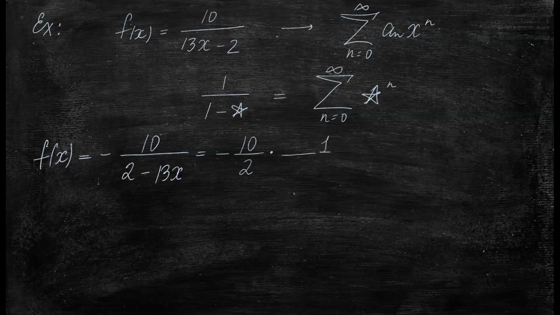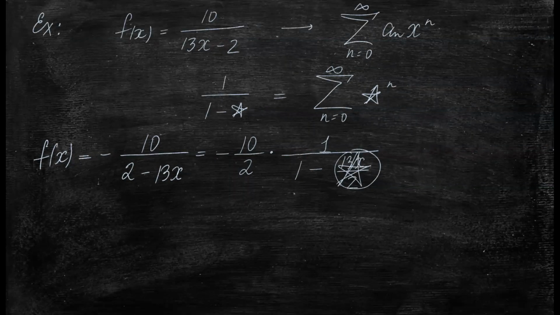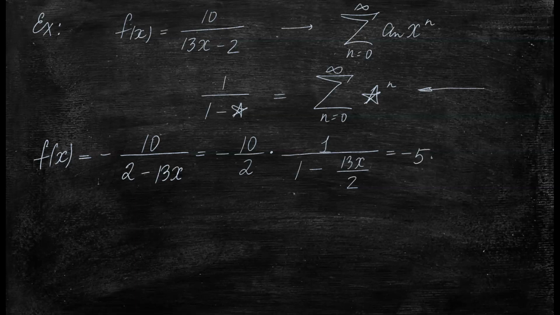And hopefully you'll see the pattern very soon. So when we take the 2 from the denominator, we have 13x over 2. And now this 13x over 2 is going to act as this star. And what does that mean? That means we can use this pattern to rewrite, and by the way, negative 10 over 2 is just negative 5.